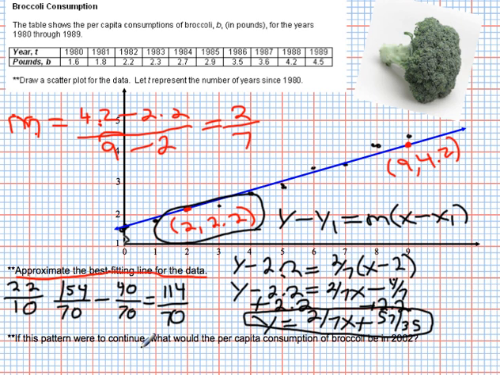So what you need to do for this is think X is 22, and then plug it into the equation that you got to estimate the per capita consumption of broccoli in 2002. And that's a real life situation of a scatter plot and approximating its best fitting line.